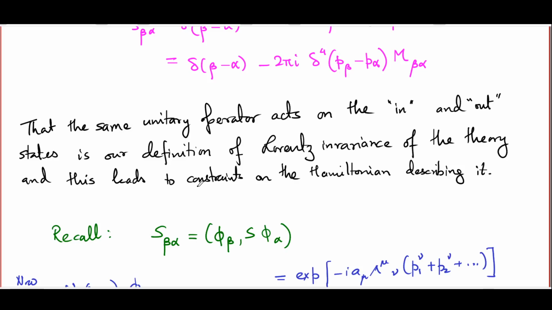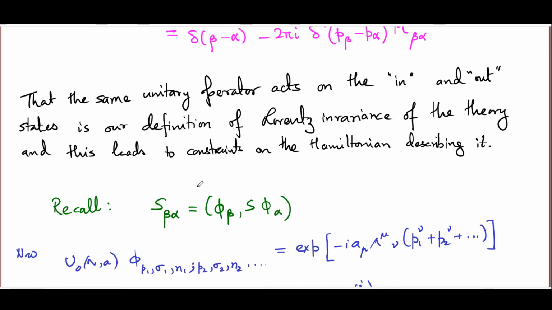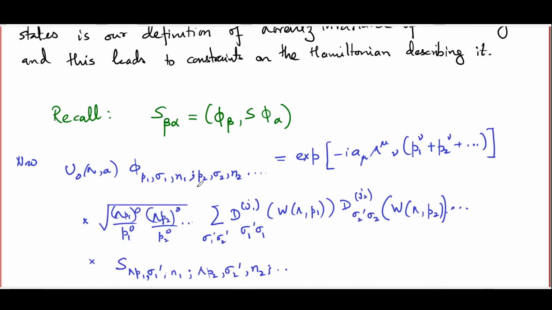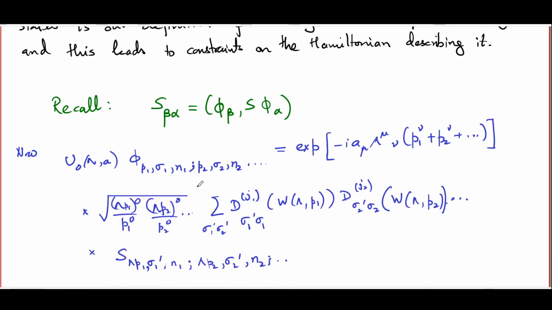As we have said before, free particle states have implementations of the Poincare transformation, and the corresponding operators U0 lambda A may very well differ from U lambda A, but the transformation that U0 lambda A enacts on the state phi P1 sigma 1 N1 P2 sigma 2 N2 and so on, the state phi alpha, the same labels as before, is exactly similar simply because this is a feature of the Poincare group itself.